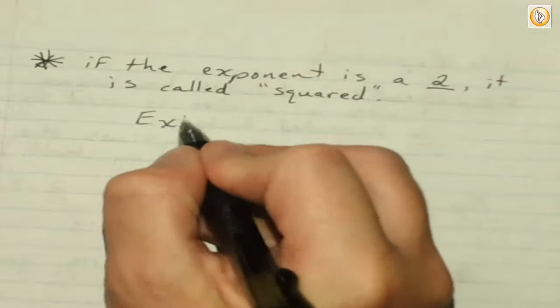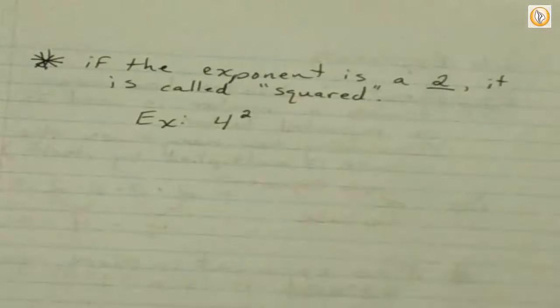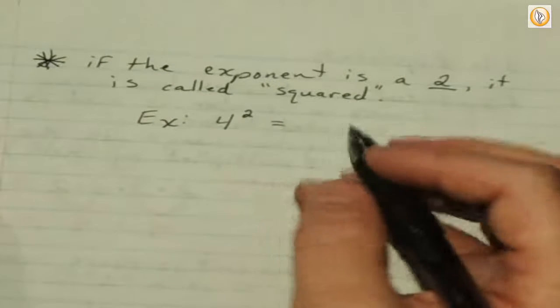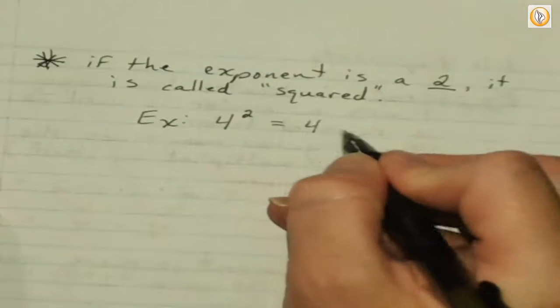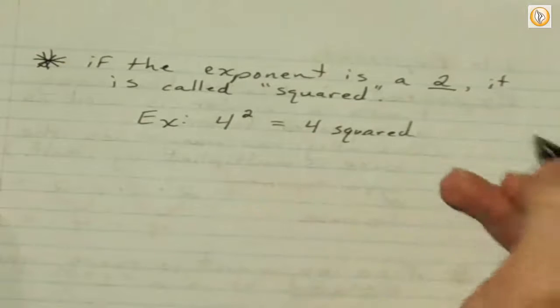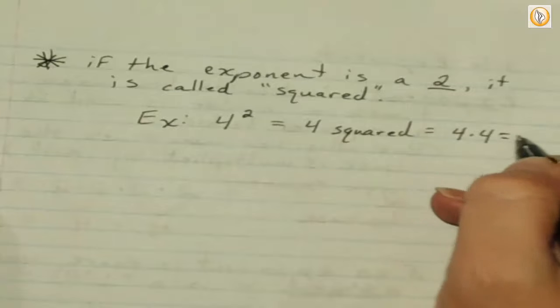For example, and you can still say 4 to the power of 2. I mean, that's not wrong. What about 4 to the second power? 4 to the second power. All of that's perfectly fine. But if someone said, what is 4 squared? You would need to know that that's saying 4 squared, which means 4 times 4, which is 16.